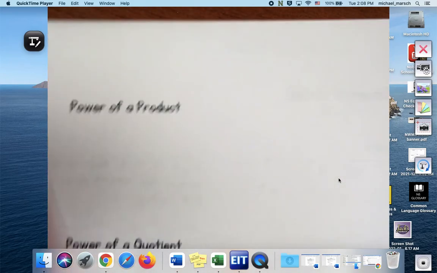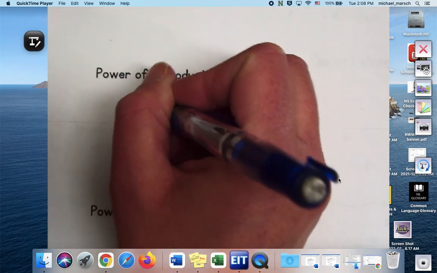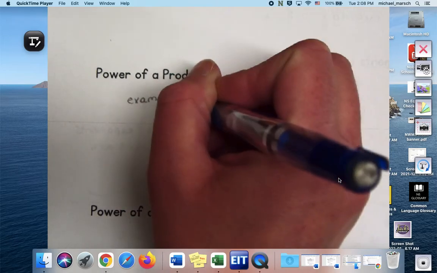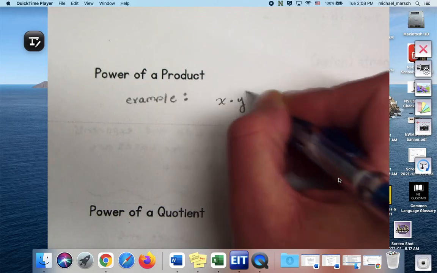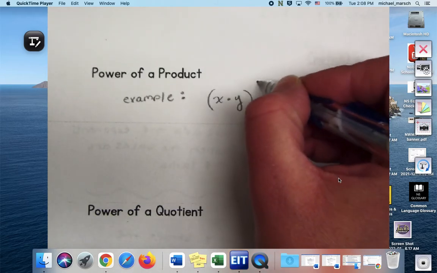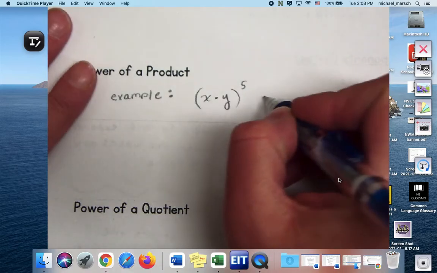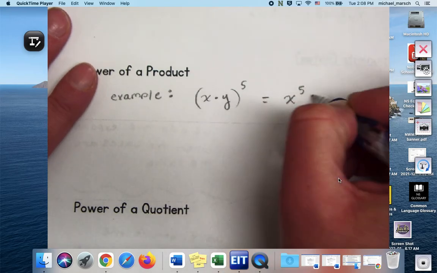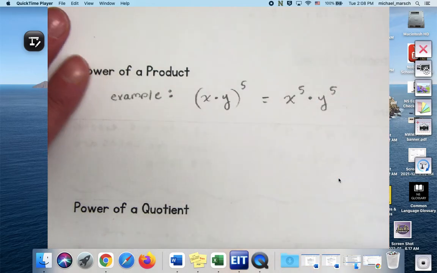Power of a product. Lots of words sound the same here. Nothing I can do about that. x times y to the 5th power is going to equal x to the 5th power times y to the 5th power.